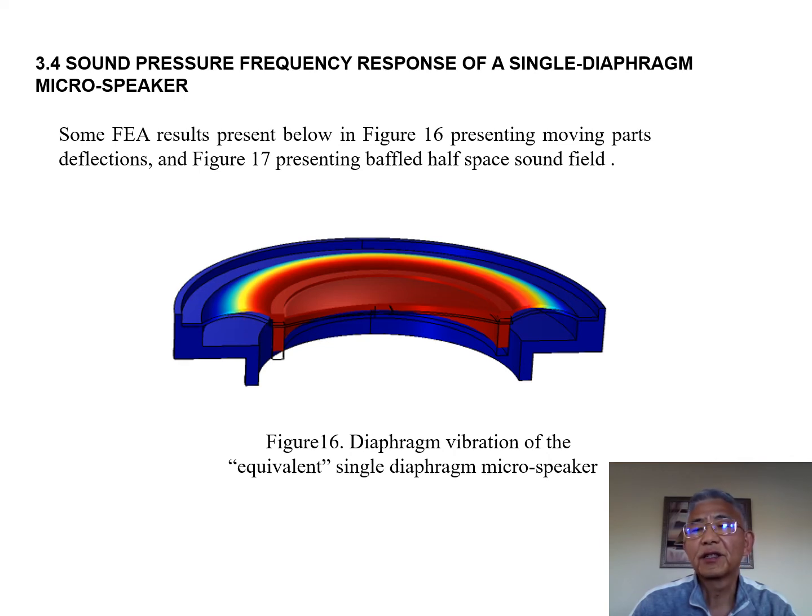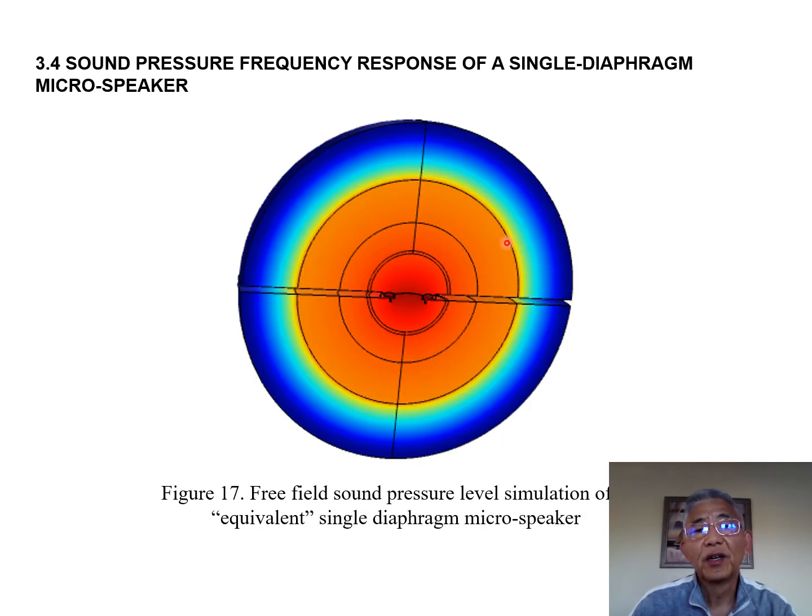Then I can get a sound pressure field calculation result like this. This result, everything is the same as the multiple diaphragm result, except for the driving transducer changed to the single diaphragm micro speaker.